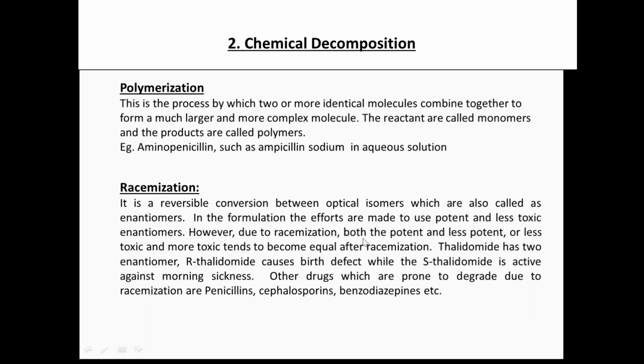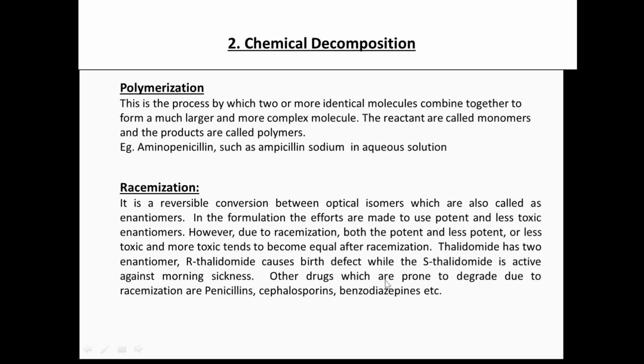However, due to racemization, the potent and less potent, or less toxic and more toxic, tend to become equal. Thalidomide has two enantiomers. R-thalidomide causes birth defects, while S-thalidomide is active against morning sickness. Other drugs prone to degrade due to racemization are penicillin, cephalosporin, and benzodiazepines.